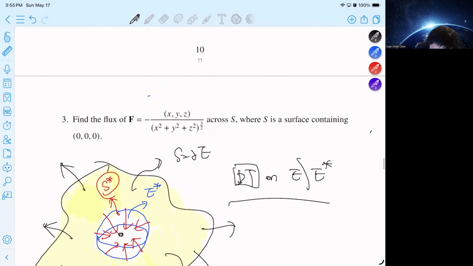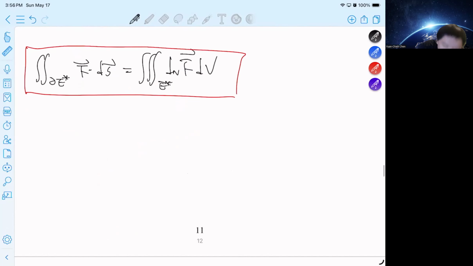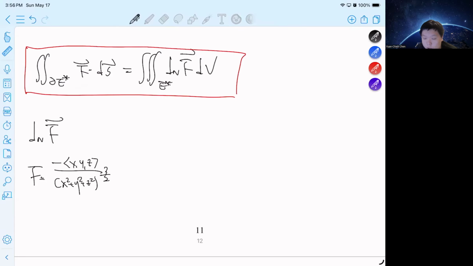First, F of this is ugly, but we already did it in the vector field class. Divergence F, where F is this, has negative xyz in the numerator, and the denominator is (x squared plus y squared plus z squared) to the power 3 over 2.